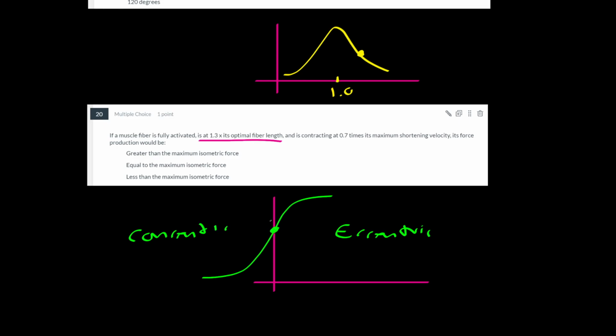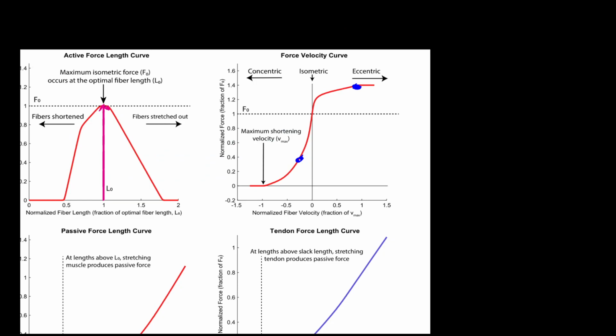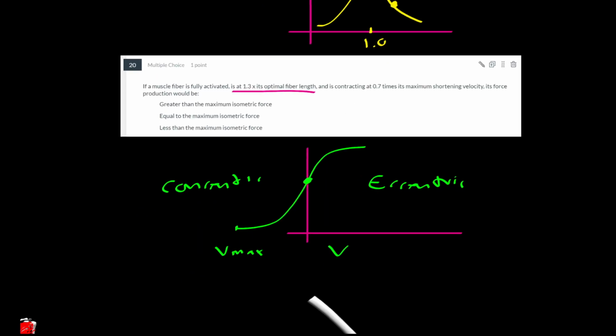Here's isometric, and this is force production as a function of velocity. And we have Vmax out here. I think I drew this the same way. Let me double check. Yes, I did. I'm drawing the force-velocity curve right here. So the question said we're at 0.7 times Vmax, so we're down here. Or on the graph that I just drew, we're down here.